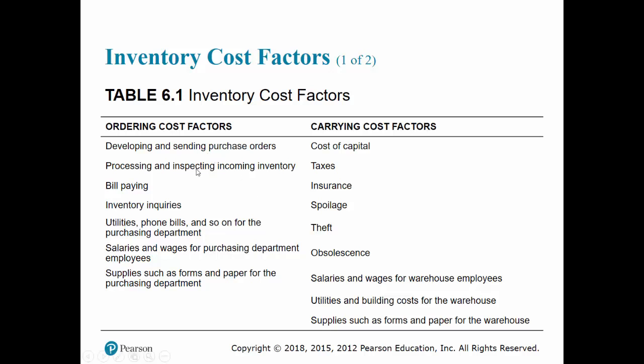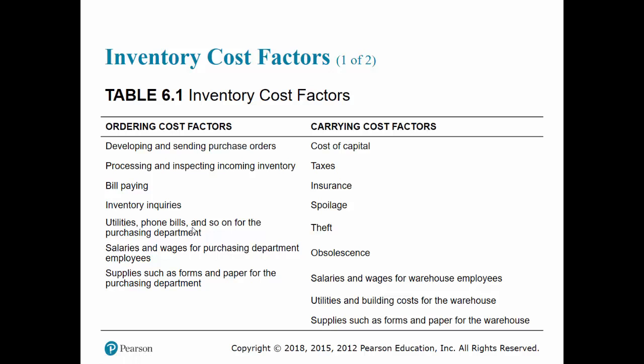So the ordering cost is usually expressed as dollar amount per order. So if you order just one time a year, then that cost will be incurred just one time a year. On the other hand, if you order 10 times in a year, then it will be 10 times that cost per order. So if you want to minimize ordering costs, then you will decrease the number of orders.